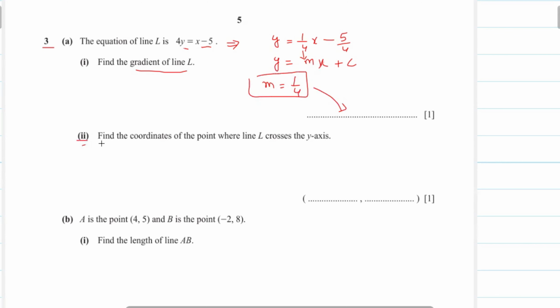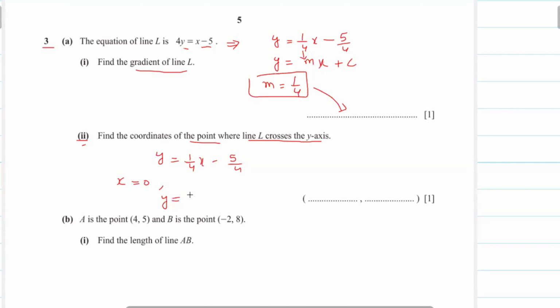Next is the second part. Find the coordinates of the point where line L crosses the y-axis. You see here the equation of the line is y equals 1 over 4 x minus 5 over 4. If this line crosses the y-axis, x will be equal to 0. We substitute the value here. x is 0.